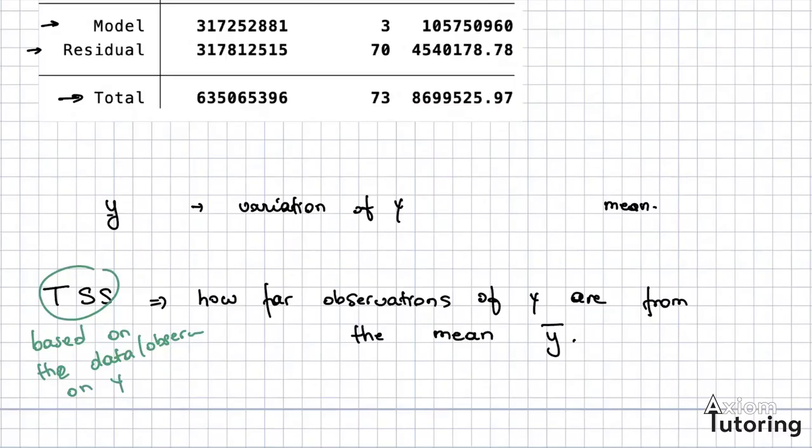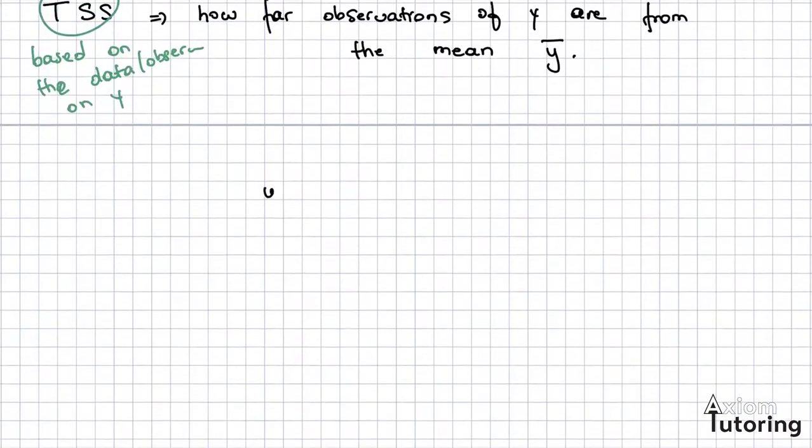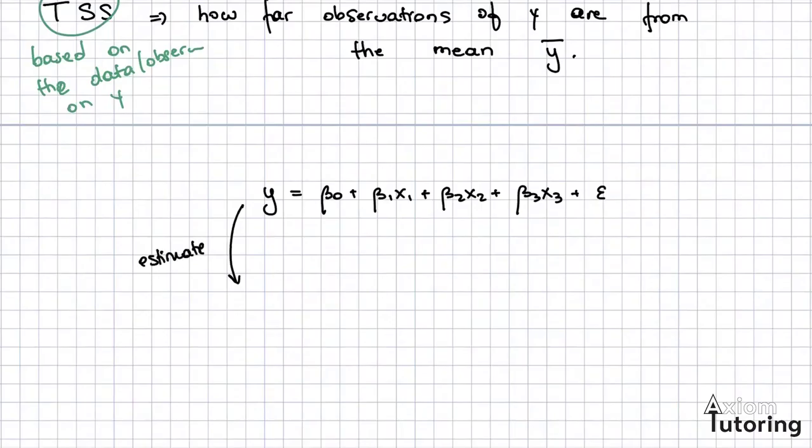Now, if we bring in the regression line, it is going to give you the fitted values. If your model was y equals beta null plus beta 1 x1 plus beta 2 x2 plus beta 3 x3, as it was in our case, the moment that we are estimating it, we're getting y hat equals beta null hat plus beta 1 hat x1 plus beta 2 hat x2 plus beta 3 hat x3.